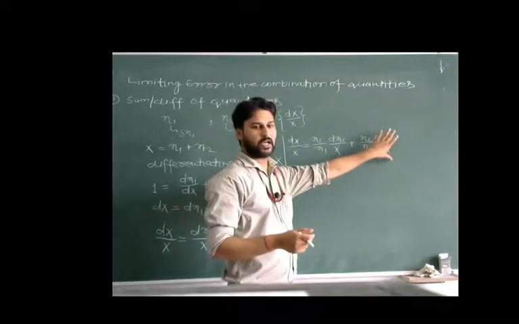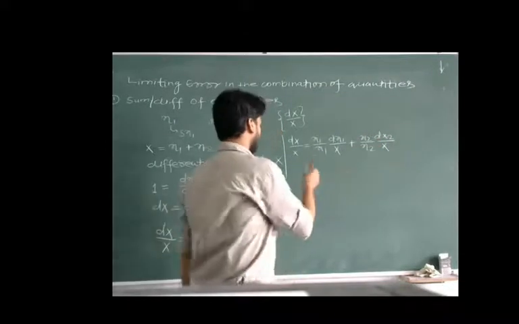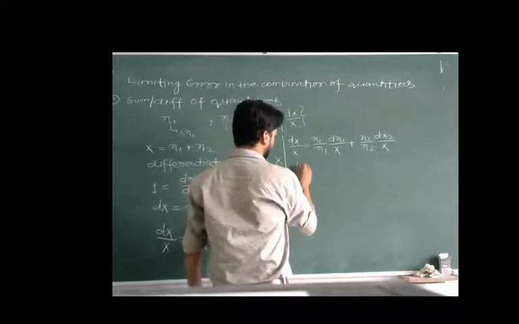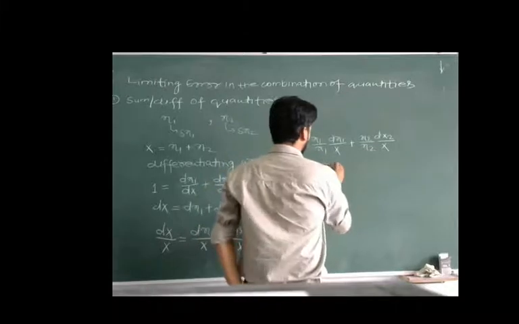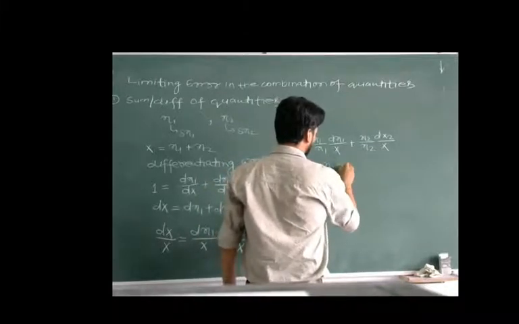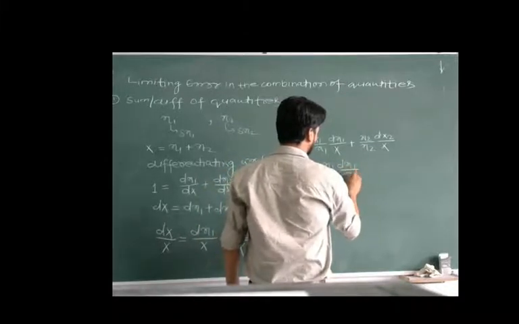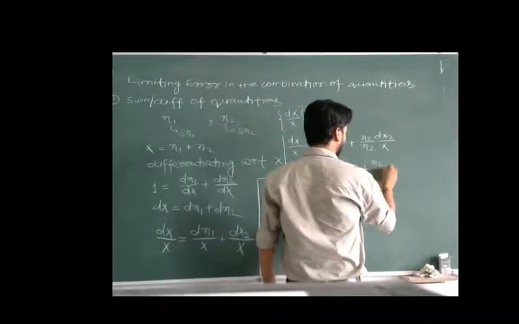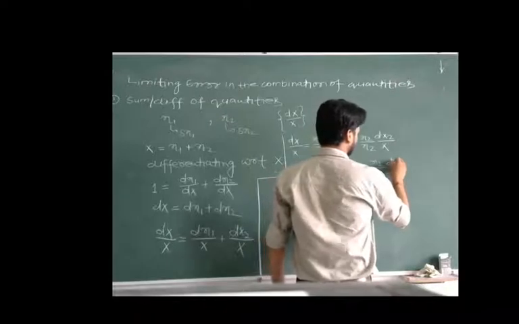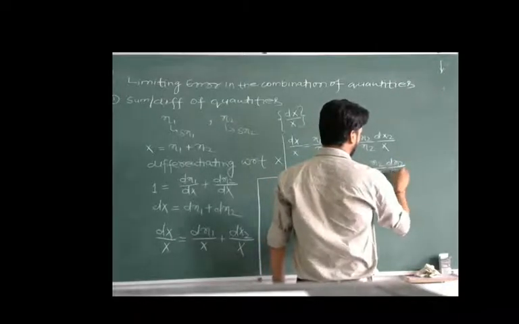So we can now write this equation as dx upon X is equal to x1 upon capital X into dx1 upon x1 plus x2 upon capital X into dx2 upon x2.